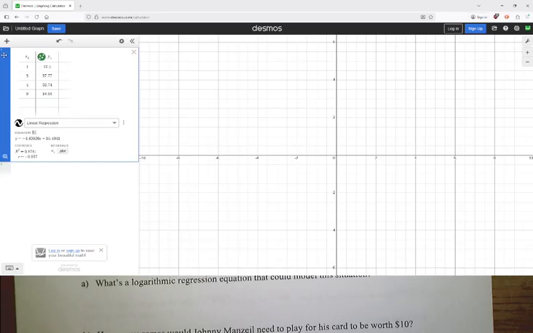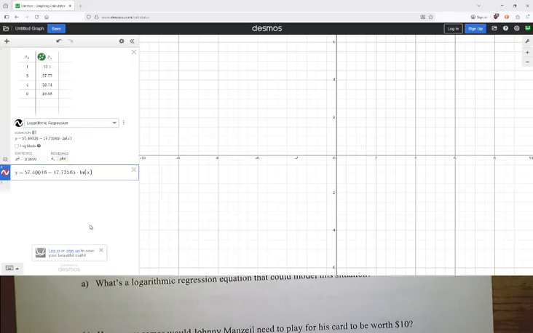And then they said they wanted a logarithmic regression line, so we'll go down here to logarithmic. And then we will paste that right there. We're going to go ahead and change this from y to f of x, just to make things easier. Okay, our data is in there.